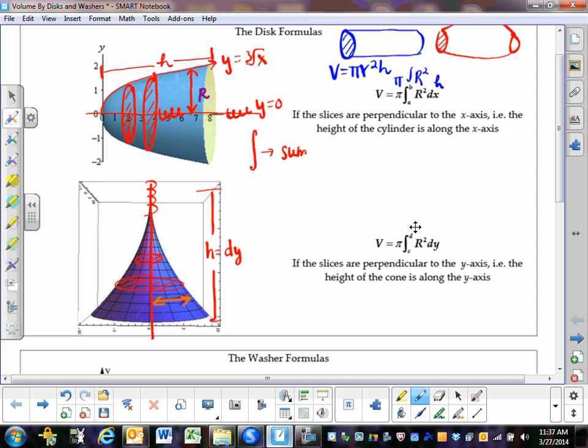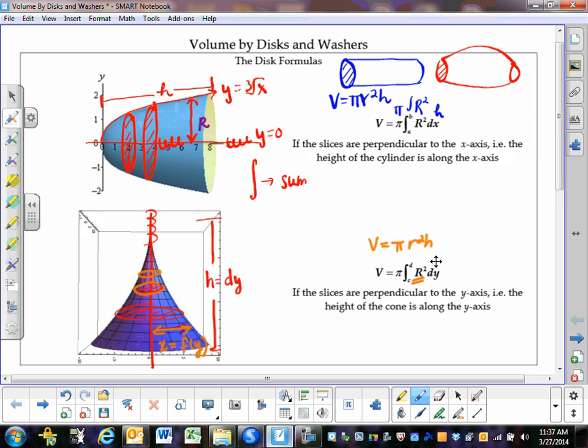And so in this case, we would have to have a function that was a function of x in terms of y. So we're still doing the volume of a cylinder as pi r squared h. It's just that since the r is changing, we can't just substitute in one constant r. We have to do separate ones and add them all up. And that's how we'll do this, as pi r squared h.